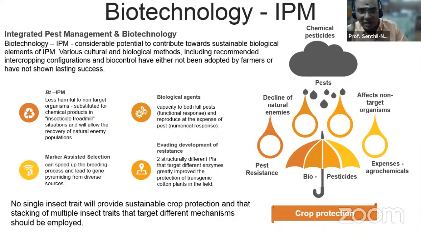It is also very compatible with biological control agents and marker-assisted selection. So these biologically originated pesticides, so-called biopesticides, act like an umbrella to protect against residues from chemical pesticides. This is a point we should consider for crop production.